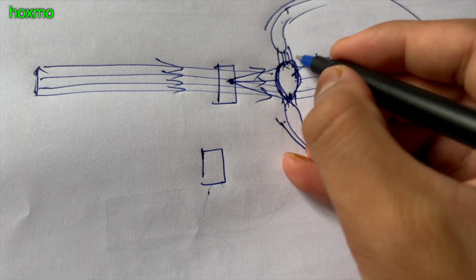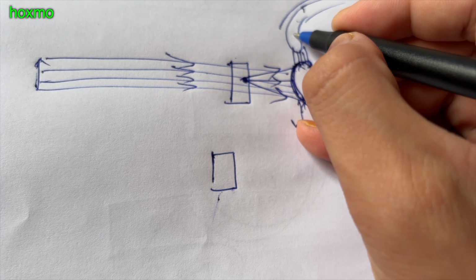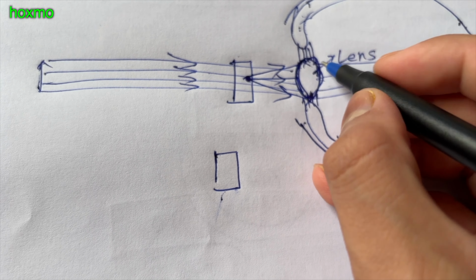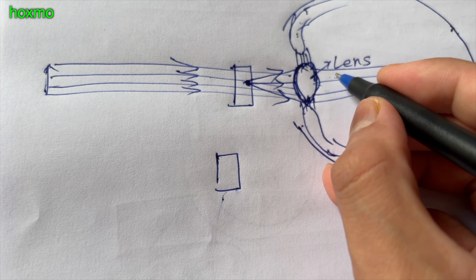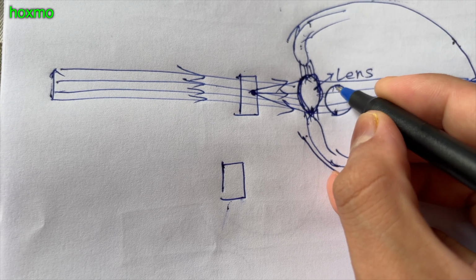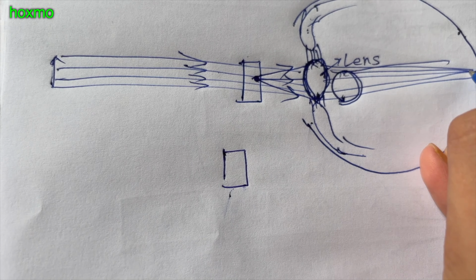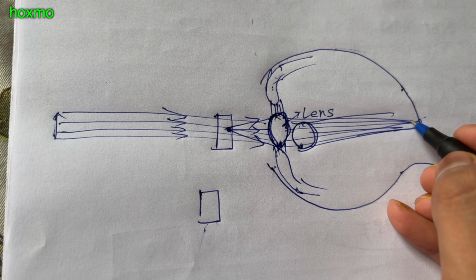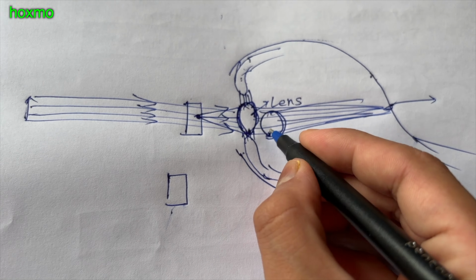If the smartphone is present here, then light comes like this. Then the shape of the lens should be changed. The ciliary muscle will contract. When the ciliary muscle contracts, the zonular fibers relax, and the shape of the lens will be more convex like this. Then it will focus on the retina. Otherwise, it will not be able to focus on the retina. It will be focused far from the retina if it does not contract.